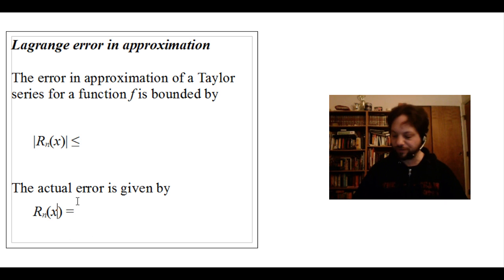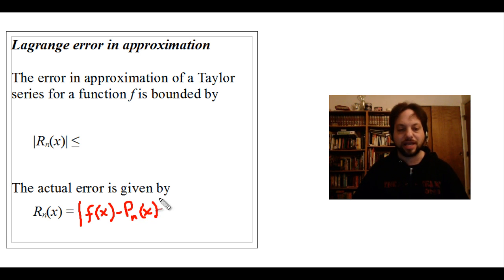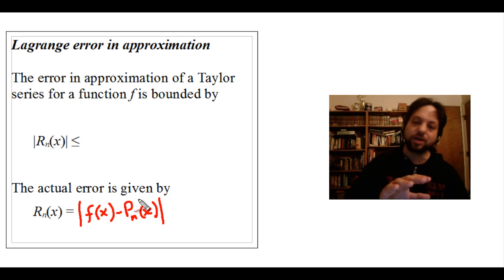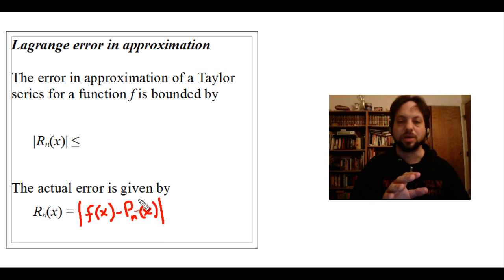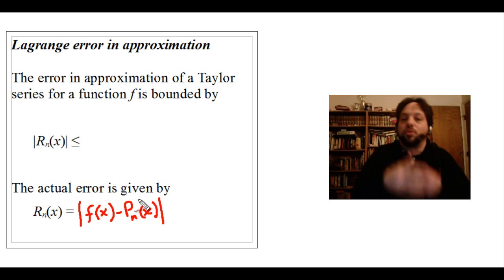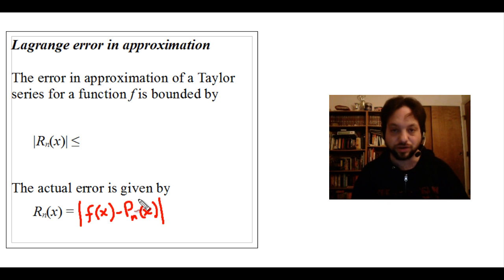However, if we did want to find the actual error at some value of c, all we would really have to do is find the magnitude of the difference between that function and its approximation. Again, in some way or another, that usually won't be possible. And if it were possible, why would we do an approximation in the first place?